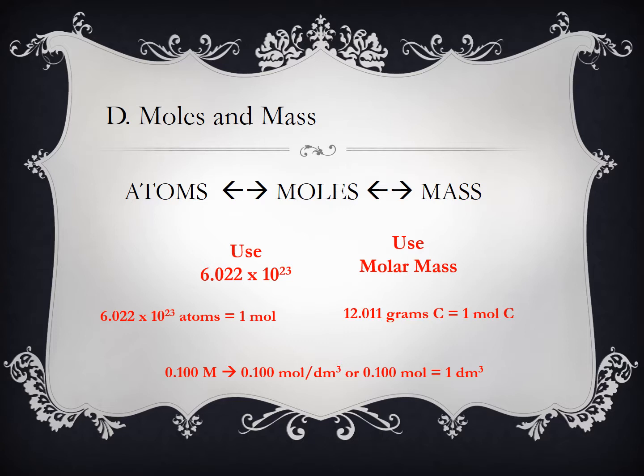We talked about this earlier. 0.100 molar, or molarity, is the same thing as writing 0.100 moles per decimeter cubed or liter, which is also the same as writing a conversion factor of 0.100 moles equals 1 decimeter cubed. So the per is just another way to write a conversion factor.